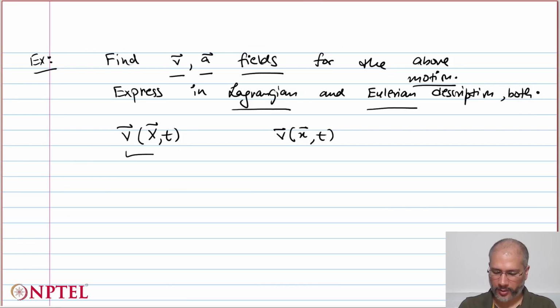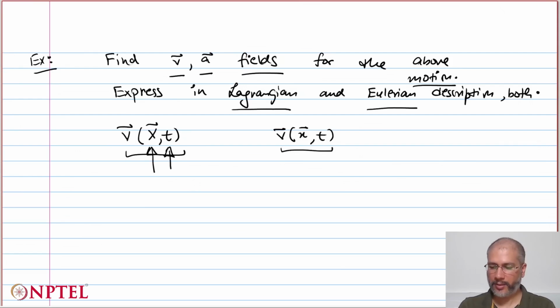So what the Lagrangian description gives us is that you feed in the ID, or basically the material coordinates of a particle, which tells us uniquely about some physical particle, and the time, and it tells you the velocity of the particle at a later time.